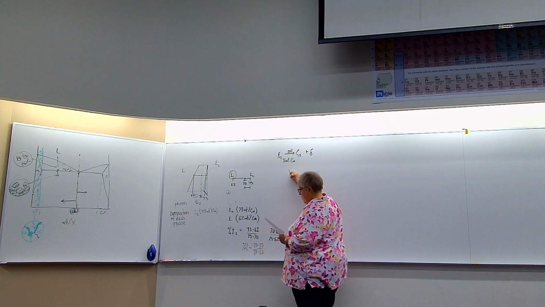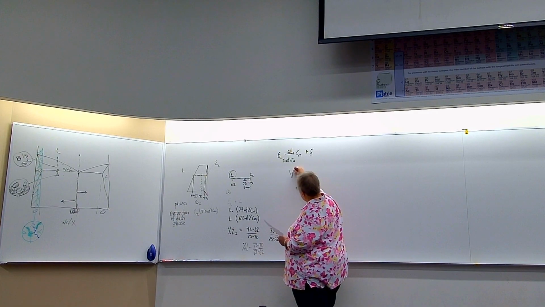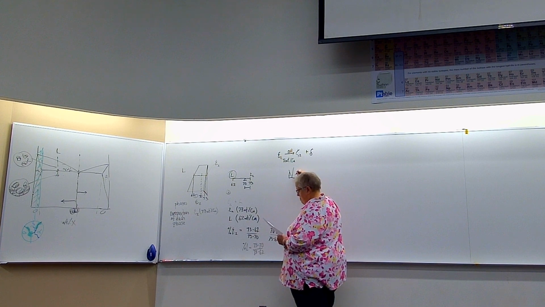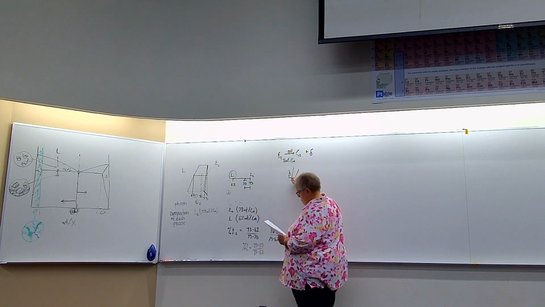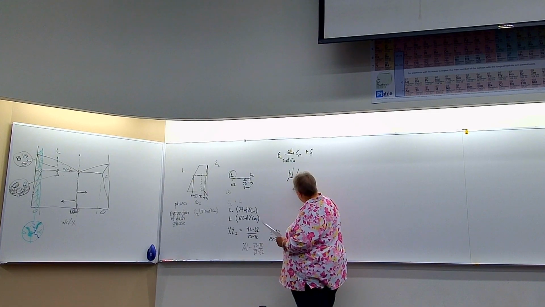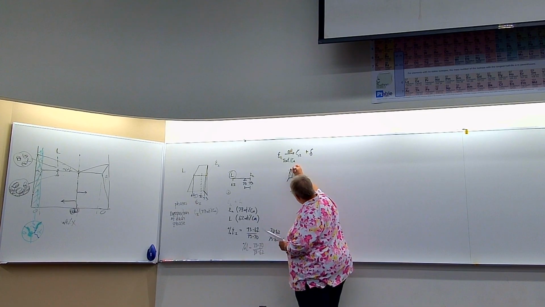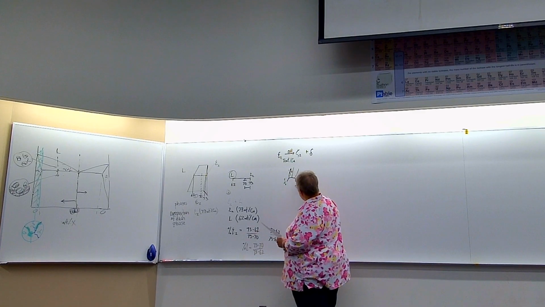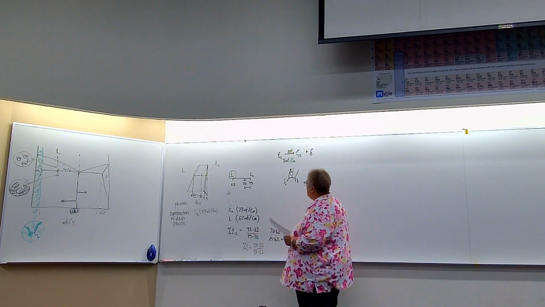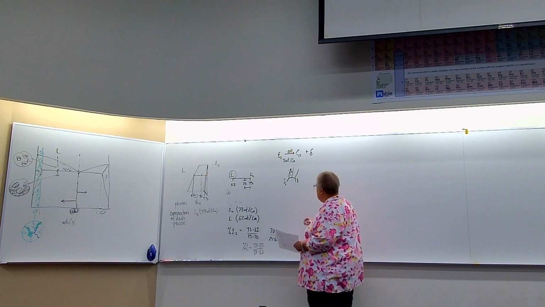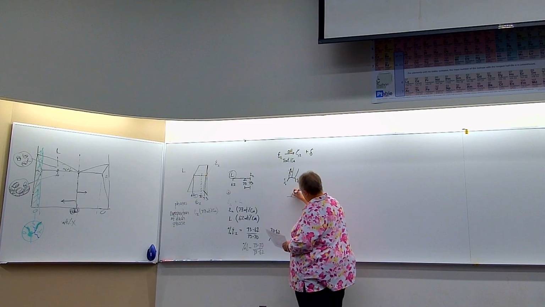So that looks like this goes here. That sort of looks like that, where here's my eta 2, and over here is that, whatever that is, and over here is the delta. So that's a eutectic. Wherever you see a flat line and a V on top is a eutectic.